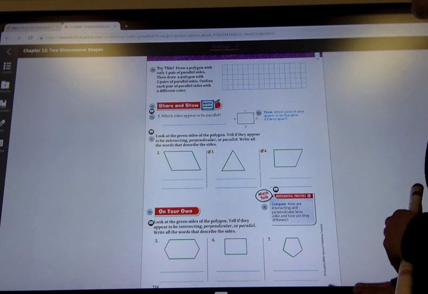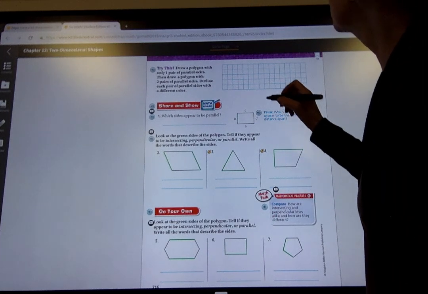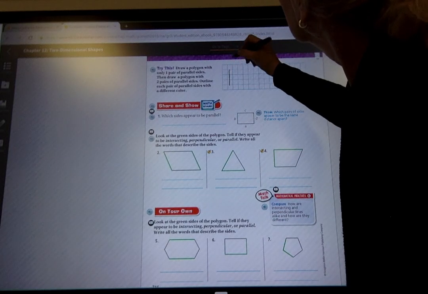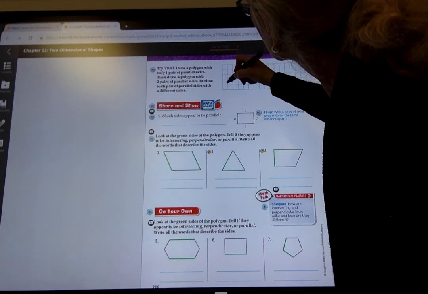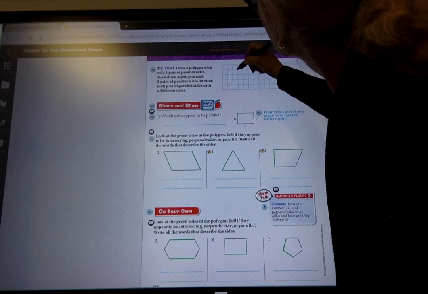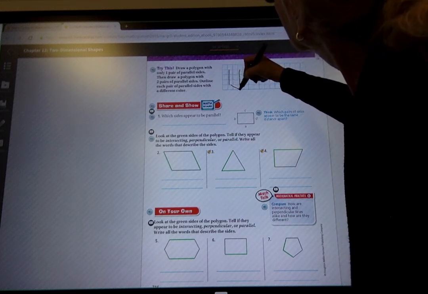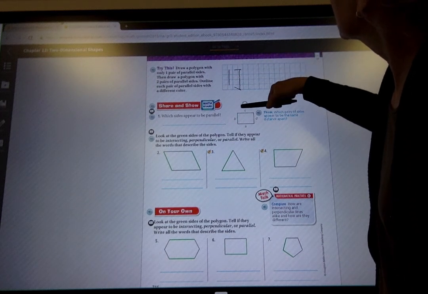Well, I'm going to draw a polygon with only one pair of parallel sides. So first I'm going to start with my parallel sides. I want to be on the lines, but I need to calibrate again. If I bring this down like this, I have only one pair of parallel lines right here.